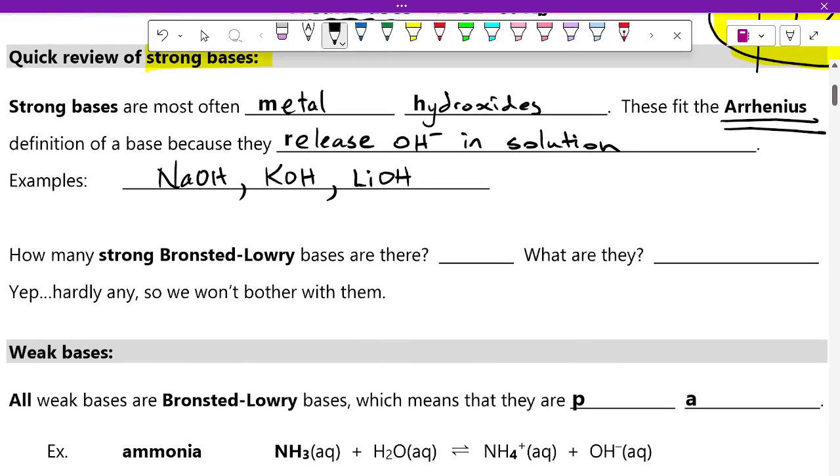How many strong Bronsted-Lowry bases are there? Feel free to look on your chart if you don't remember. There are 2. What are they? Tell your partner.